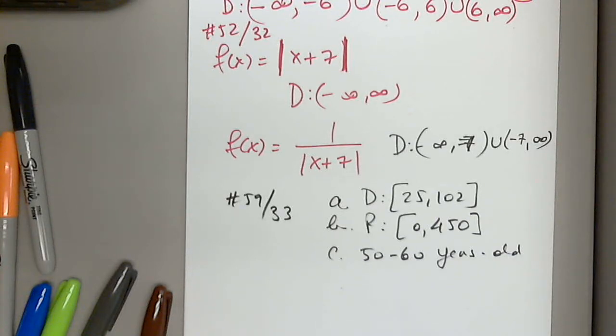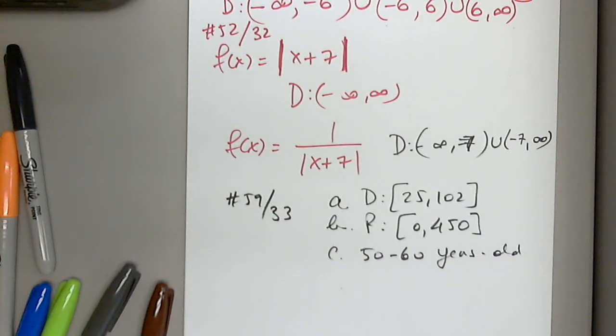Are we okay with domain and range, or should we look at another problem? Should we look at another graph to find the domain? Are we okay with that? Okay. So in that case, I would like to look at some applications with the linear functions.